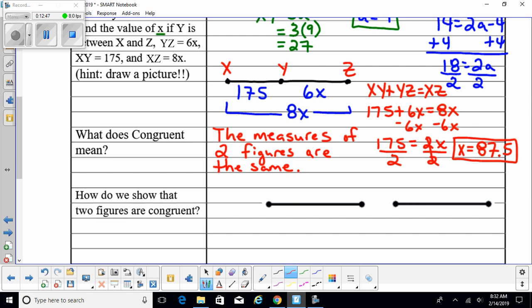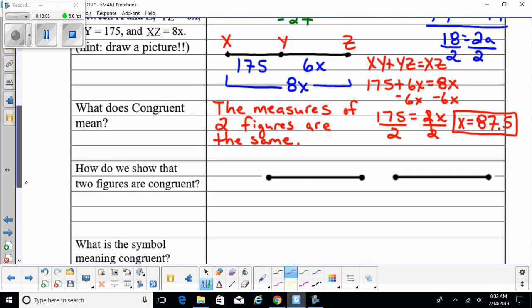The measures of 2 figures are the same. It could be 2 segments, as you see here. It could be 2 triangles. It can be a lot of different things in geometry. It's another way of explaining equality.